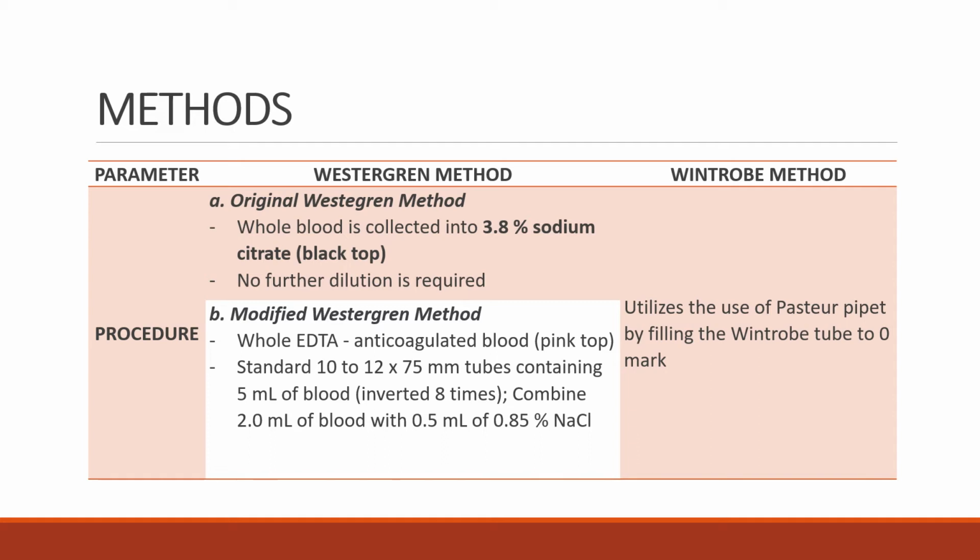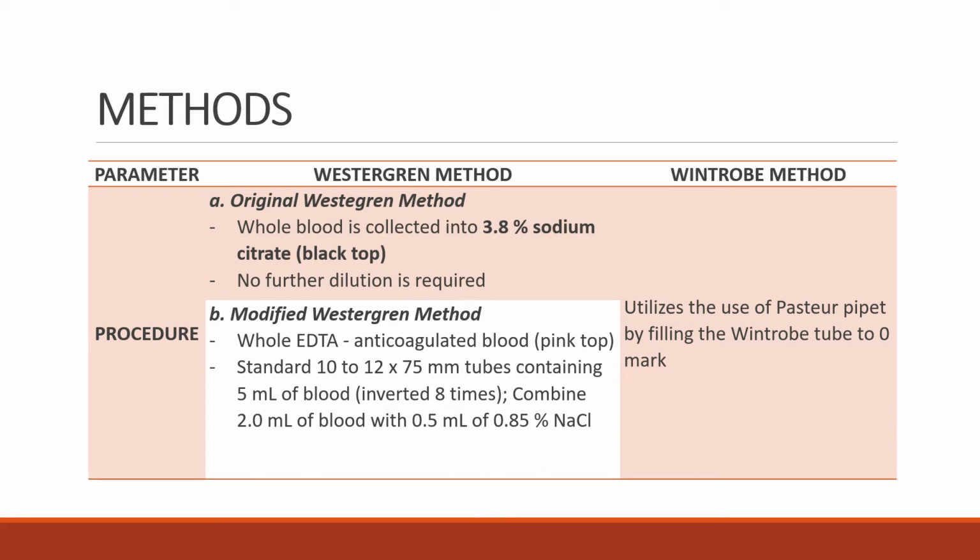Then we have another method under Westergren, the modified Westergren method, wherein the sample of the patient is collected inside a tube containing EDTA, or the anticoagulant present in your purple top or pink top tube. For this one, the sample of the patient must be collected in a standard size test tube having the dimensions of 10 to 12 by 75 millimeters.